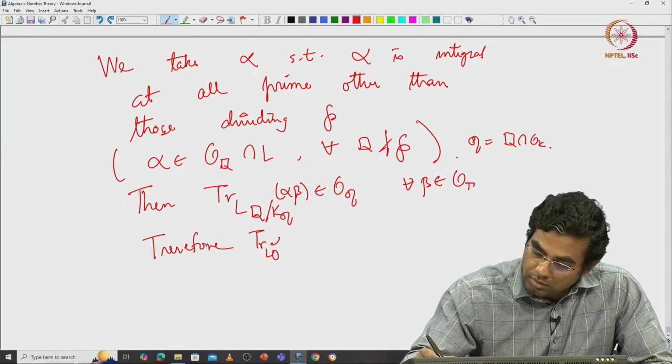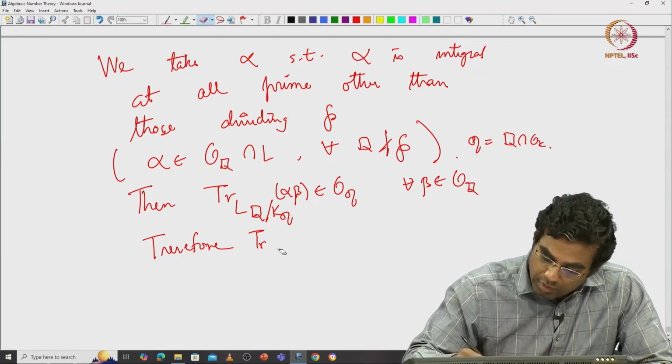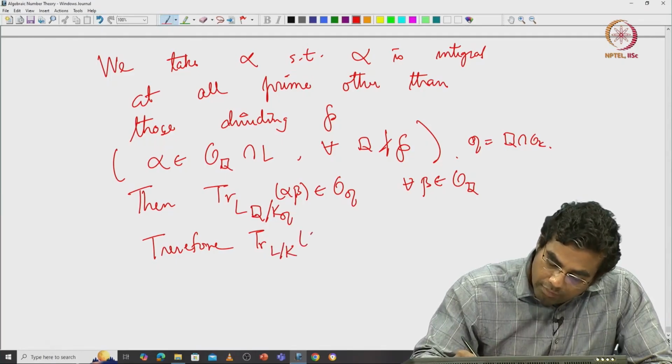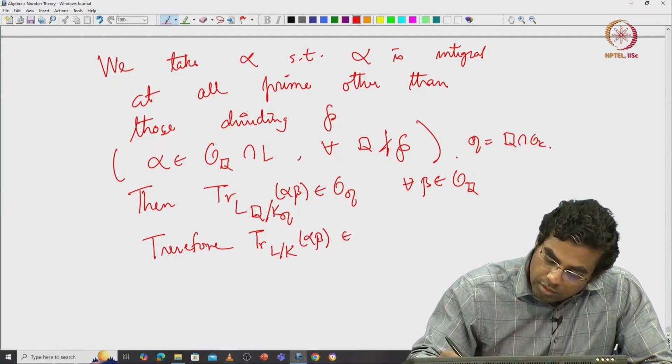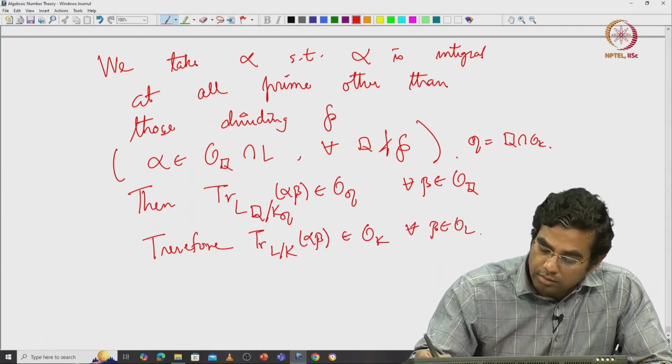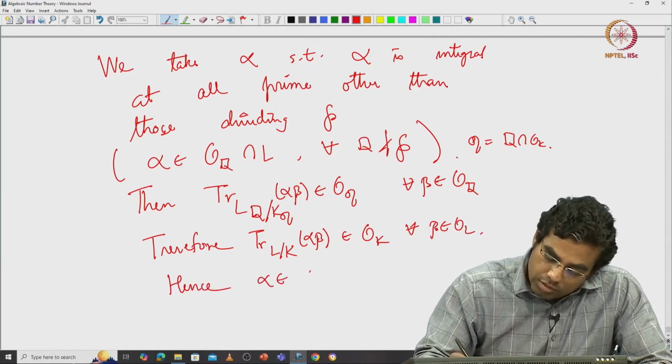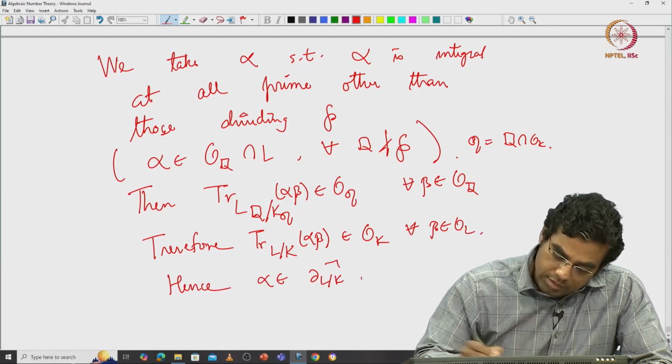Oops, I want to erase this to correct it. Trace from L to K of alpha beta belongs to O_K for all beta in O_L. Hence, alpha belongs to D_L over K inverse, right.